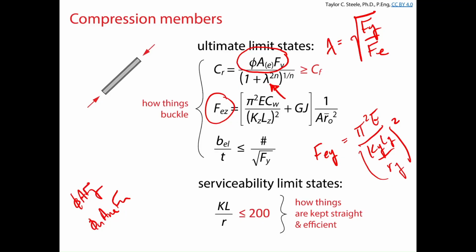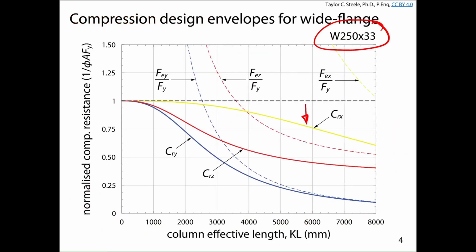We're going to see in a minute that the easiest thing for us to do is calculate what the answer is for a bunch of different sections. For example, for a certain effective length, let's just say KL was equal to 2,000, we could, for a W250 by 33, calculate what that resistance is.